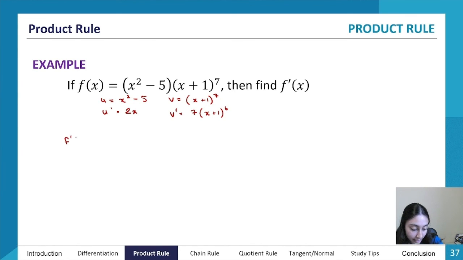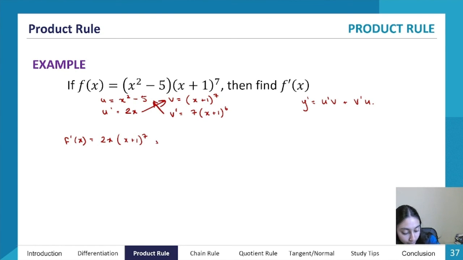So my f dash of x, using my equation of y dash is equal to u dash v plus v dash u, gets me to 2x x plus 1 to the power of 7, because I'm timesing by this cross first, and then I'm going to make this cross, which will be plus 7 x squared minus 5 x plus 1 to the power of 6.